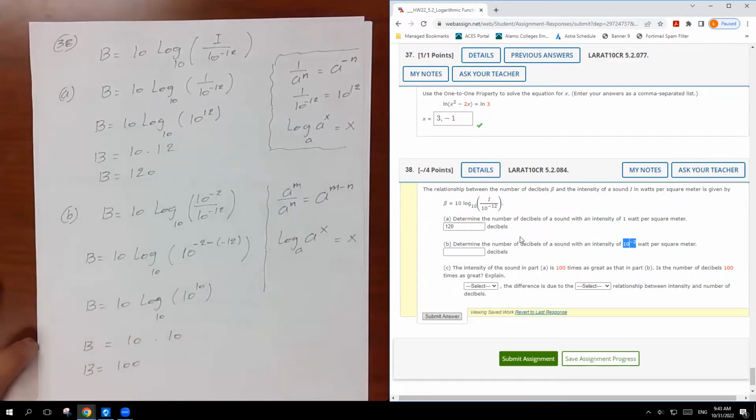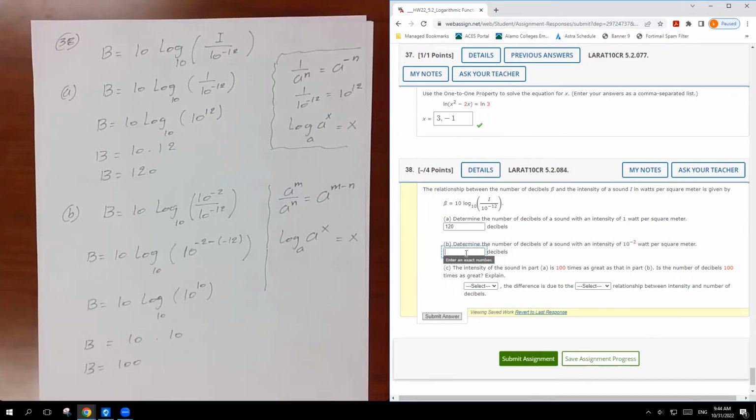So we have 100 and we have 120. From part A and part B, they are different.